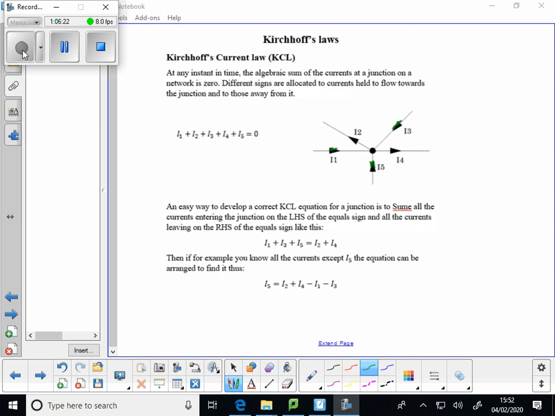So the left-hand side is I1 plus I3 plus I5, and then with I4 leaving and I2 leaving, the right-hand side is I2 plus I4. We can then rearrange, if we want to find I5, and calculate the unknown current. So that's what it is if you know all but one current at a junction.